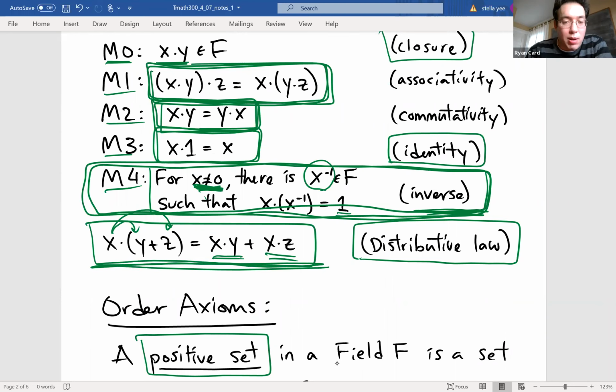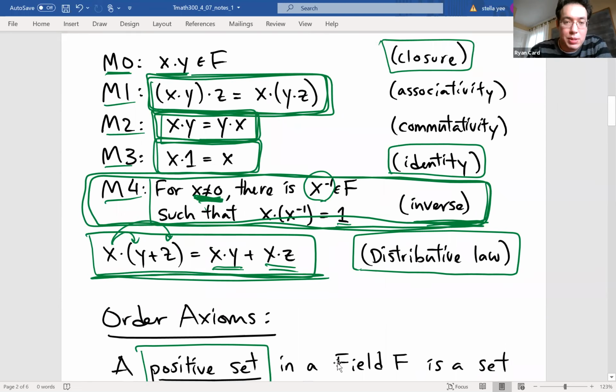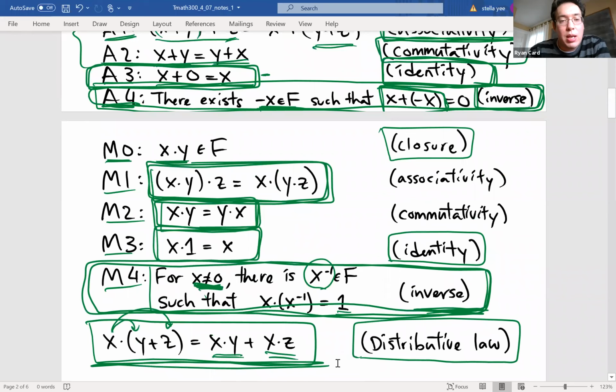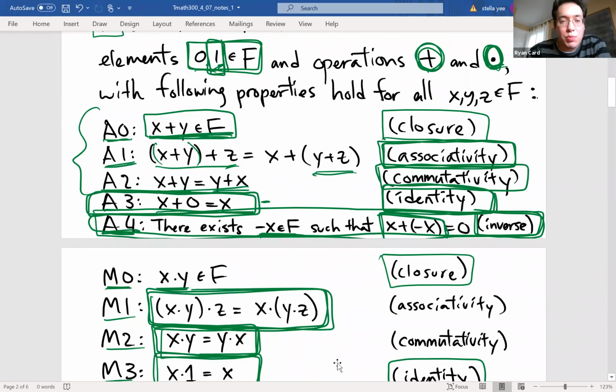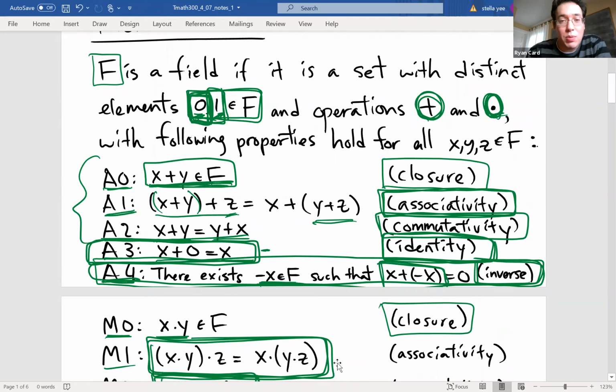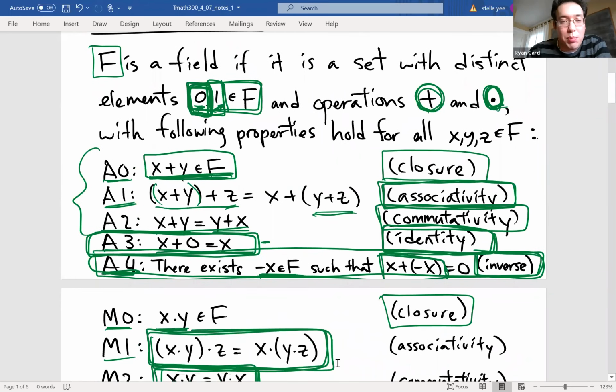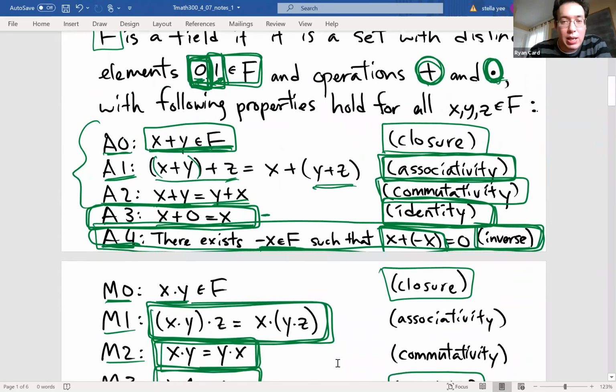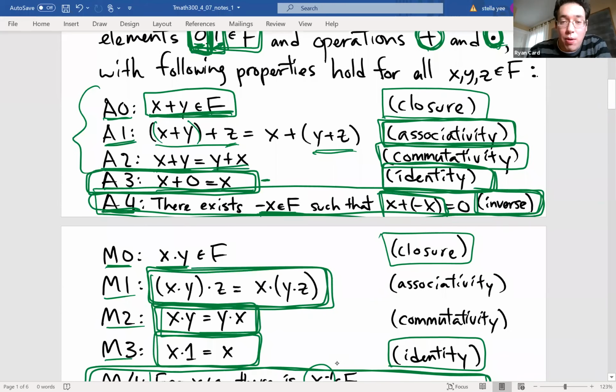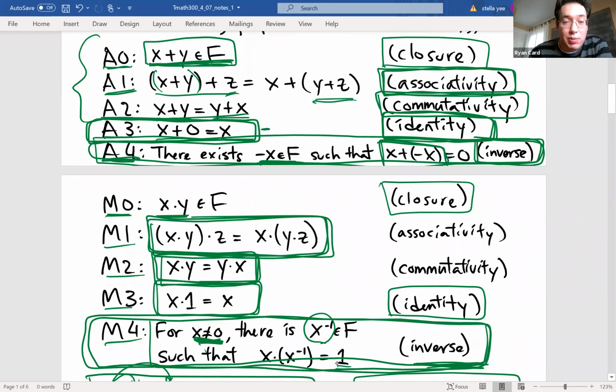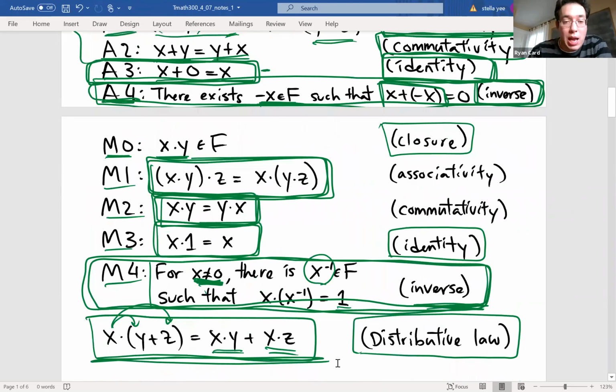And the distributive law holds for all 3 sets. Just reviewing all of the axioms, natural numbers and integers will fail some of them. They satisfy most, but there are a couple that they do not satisfy. Rational numbers, though, satisfy all 11 of these field axioms.